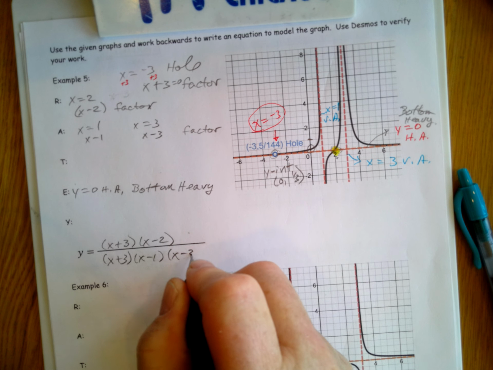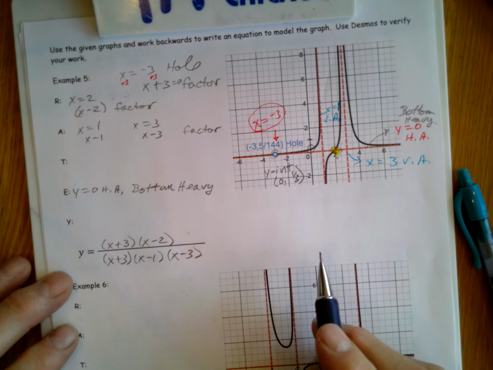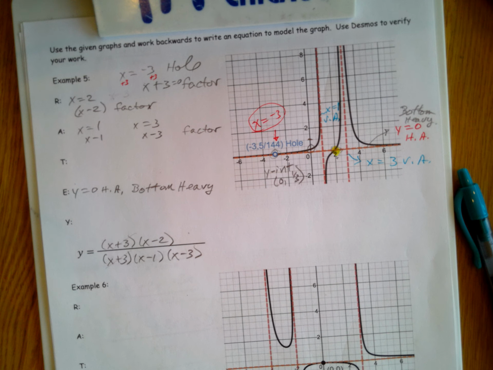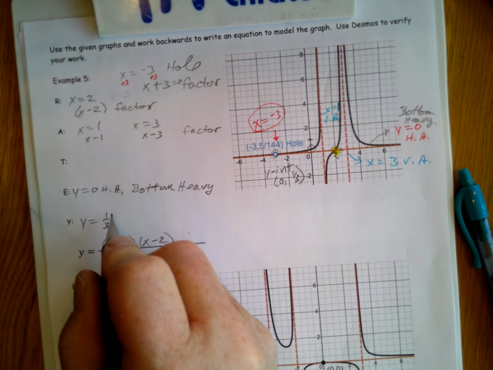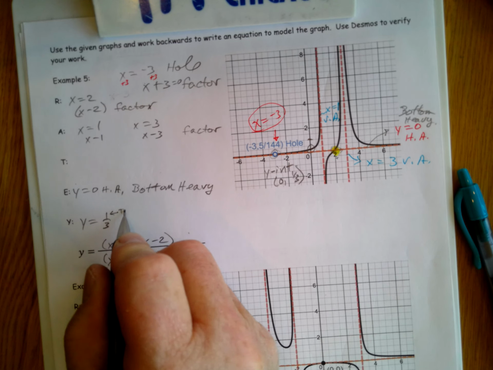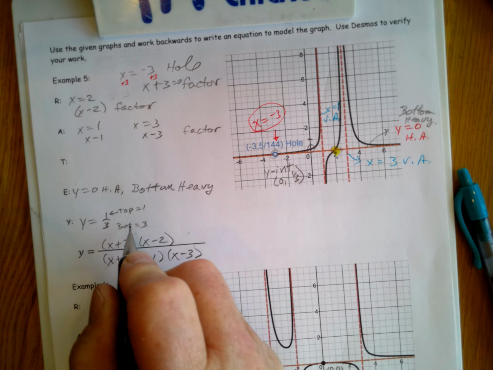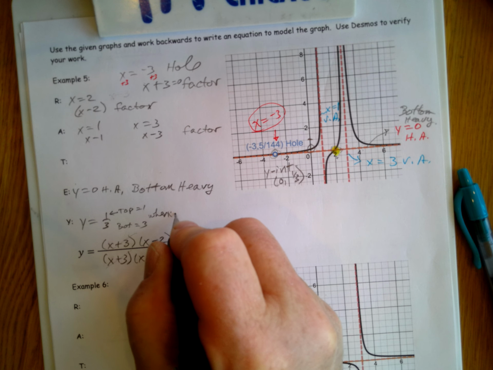All right, right now, what I have is I know that this is a hole, right? So it's not going to factor into my y-intercept. And my y-intercept, which means the top equals 1 and the bottom equals 3, when I plug in x equals 0. Okay, we're going to come back to that.